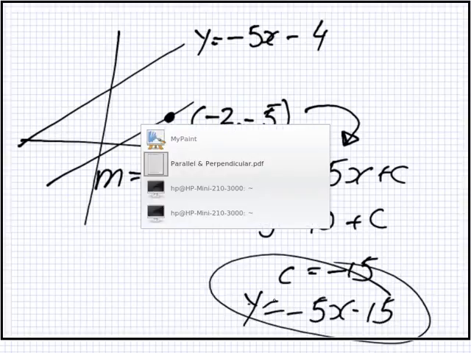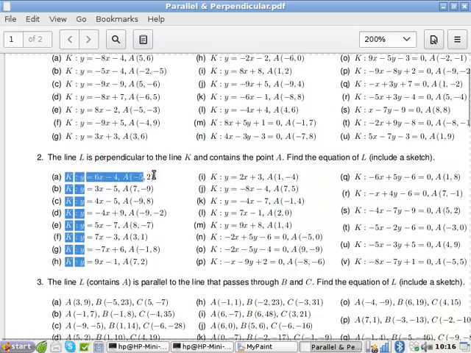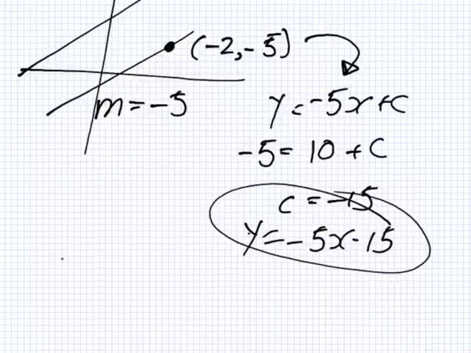Okay, let's make it a little harder now. So let's do an example when it's perpendicular. We'll do it together. So y equals 6x minus 4.